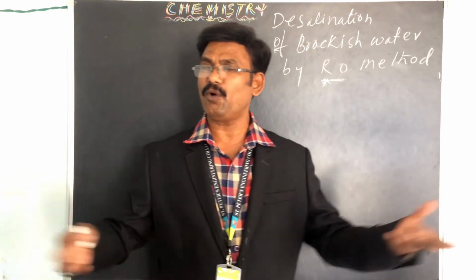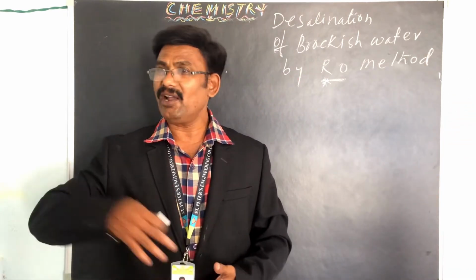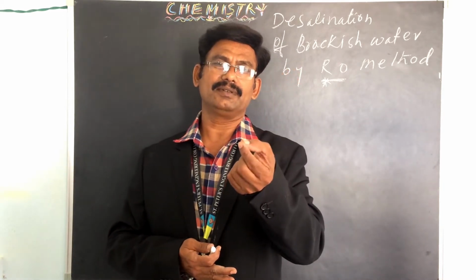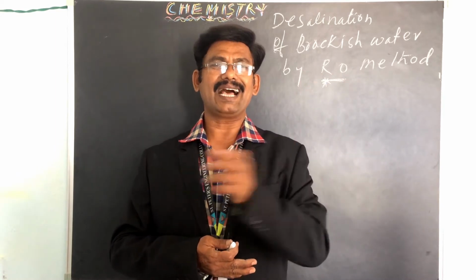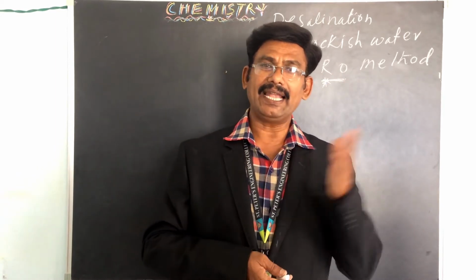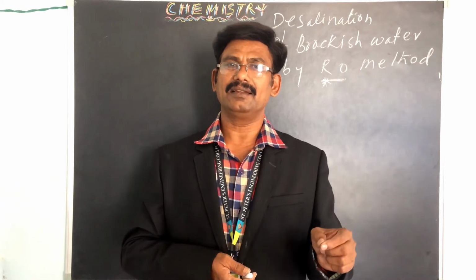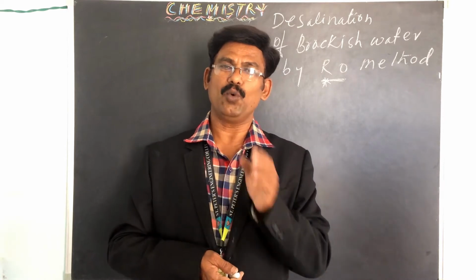In the ion exchange method, what have we seen? Resins, cation resin, anion resin. What is meant by resin? A small porous compound, a polymer, cross-linked polymers. The cation resin has the SO3H group, and the anion resin has quaternary ammonium salts, giving OH minus ions, while the cation resin gives H plus ions.